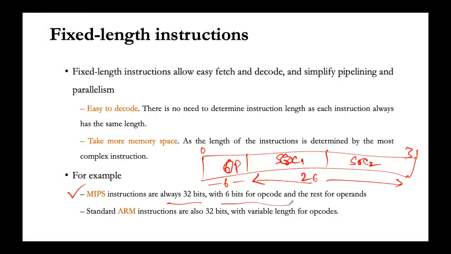So it is 6 bits for the opcode and the rest of the bits for your operands. Another example is the standard ARM architecture.